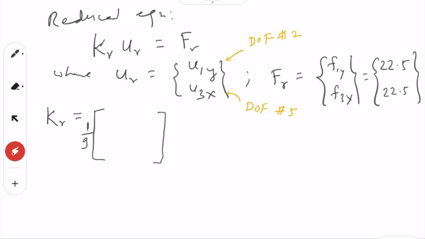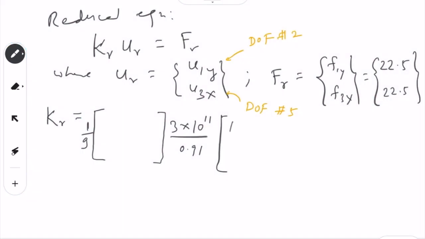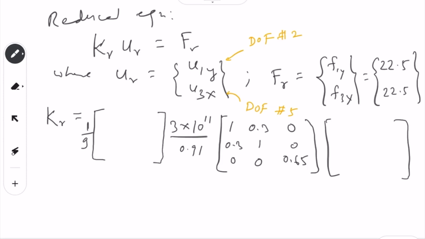So this will be 3 multiplied by 11, 0.91, and here we have 1, 0.3, 0, 0.31, 0, 0, 0.65, right, and then here we get the B reduced one.